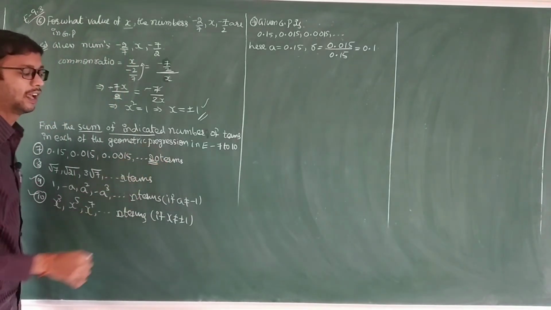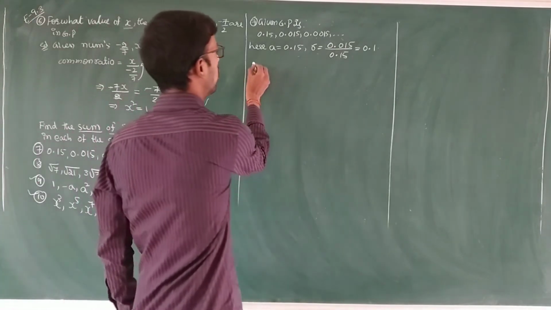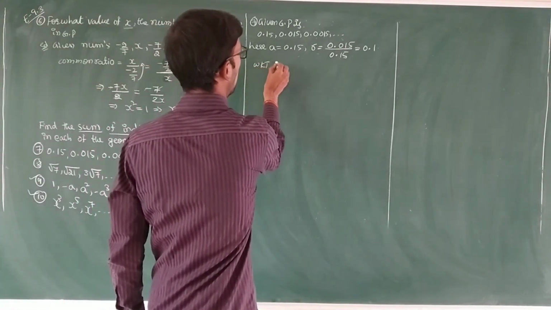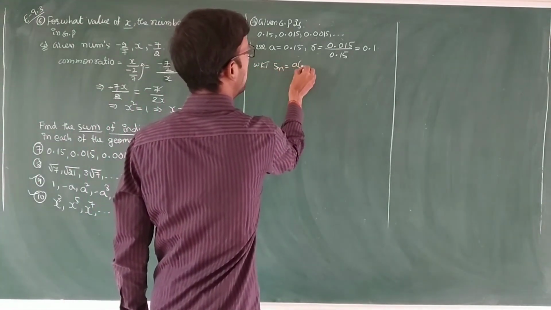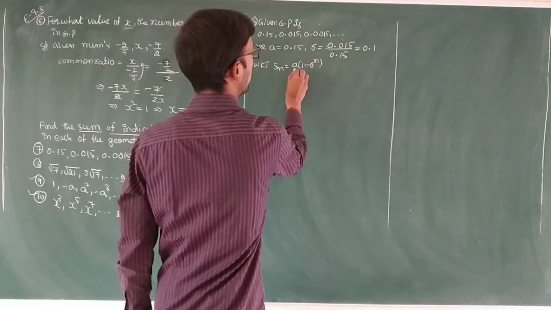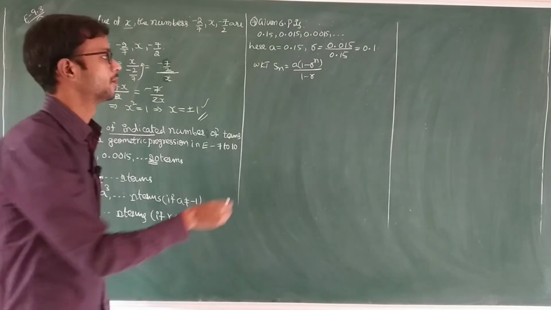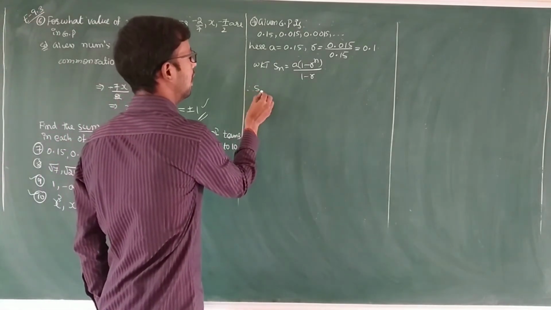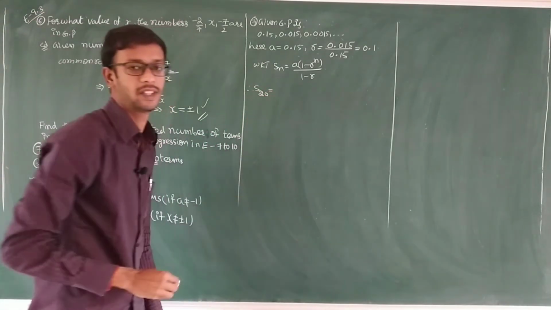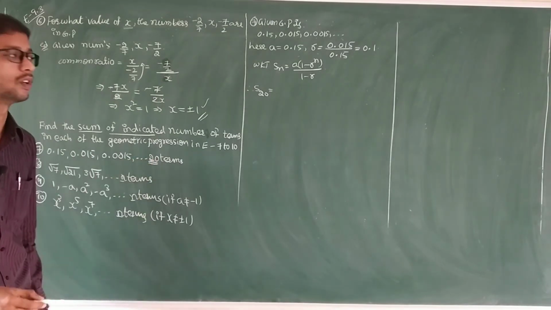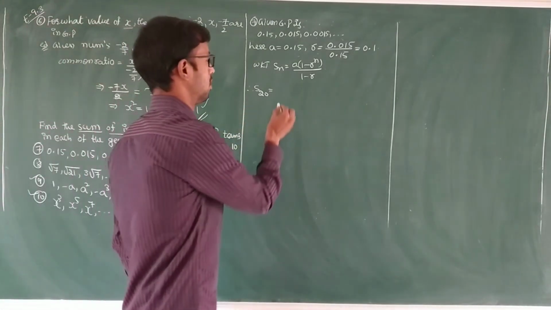Now, how many terms do we need? Sum S20. We know the Sn formula: A into 1 minus r power n by 1 minus r. Therefore for S20, n is 20 terms, so n equal to 20 substituted.